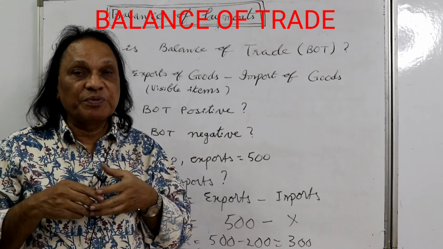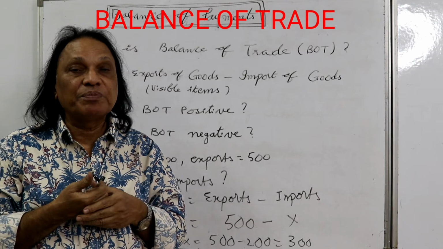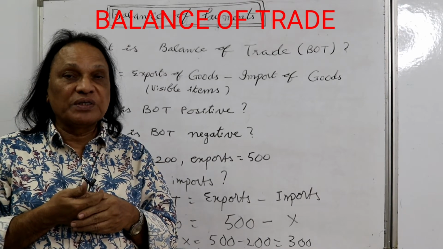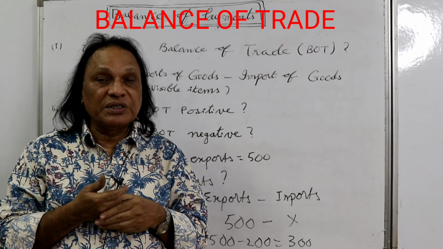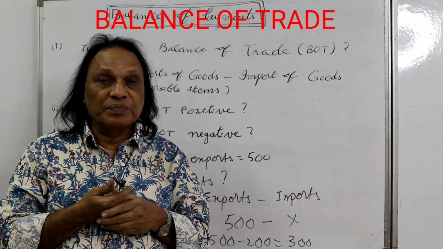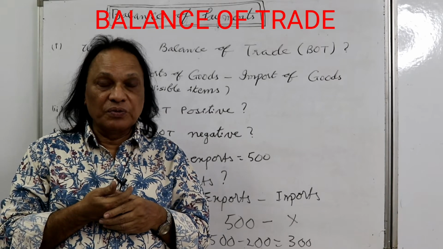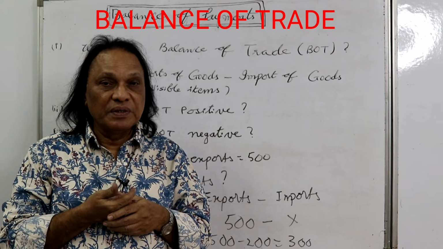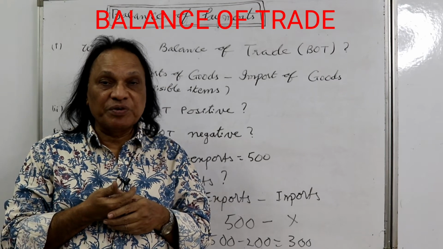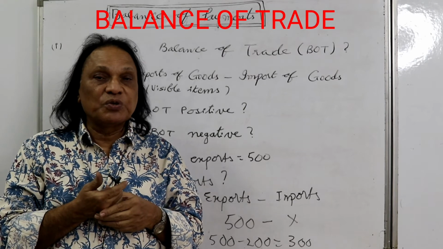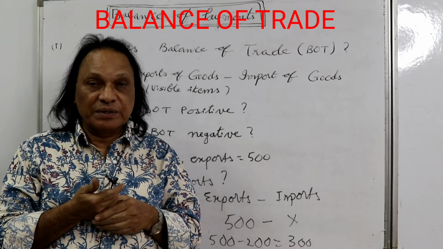So we take the difference between exports and imports of goods, we get BOT. Suppose India is exporting goods worth $5 billion and importing goods worth $3 billion, BOT will be 5 minus 3, $2 billion. So BOT is equal to exports minus import of visible items, that's goods.